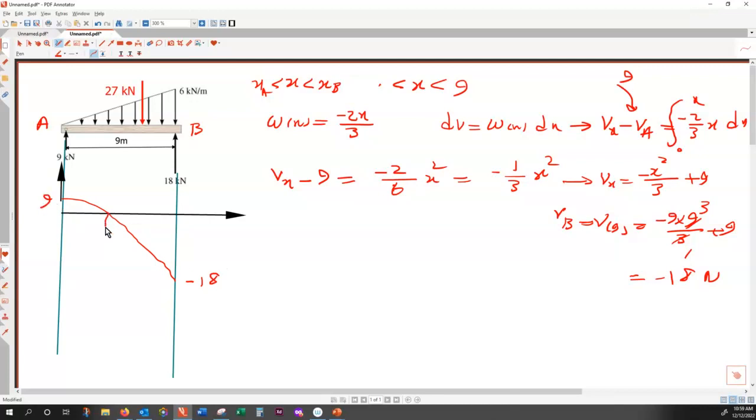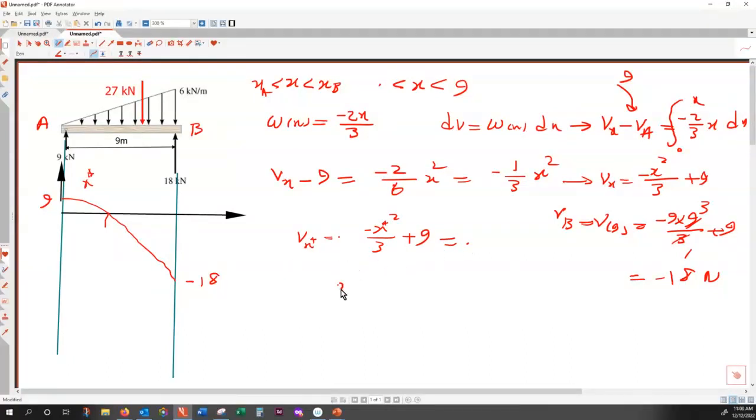This is 9. So we have to find an x star. So x star is when shear force becomes 0. So how do I know that? So let me set V of x equal to 0. V of x star is 0. That is minus x star squared by 3 plus 9 equal to 0.